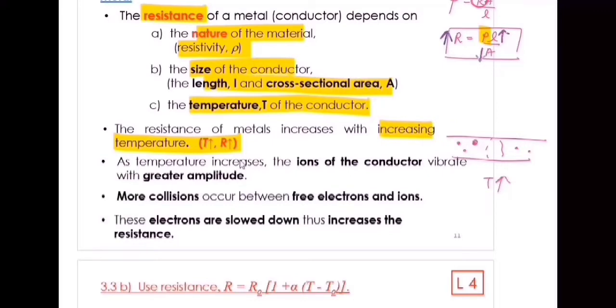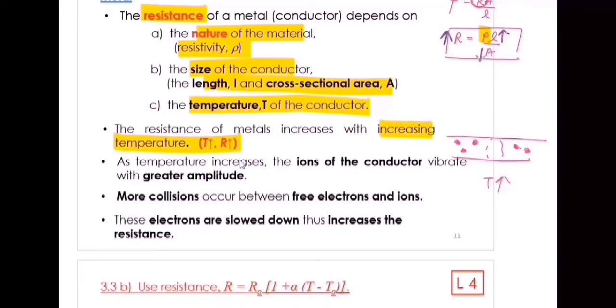So when they vibrate with greater amplitude, more collisions happen, and it's harder for the electrons to move around. It's like you moving around in a very crowded room. It's harder for you to move around because everyone is moving around with greater amplitude.